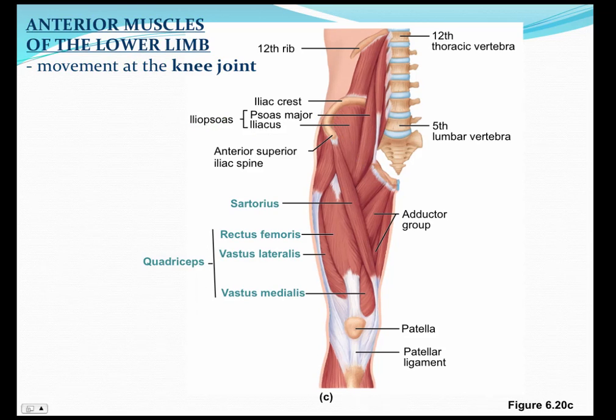Looking at the lower limb, sartorius. This muscle over here. This is going to flex your thigh. And then we have the rectus femoris, vastus lateralis, and vastus medialis. So medialis is towards the middle, lateralis towards the side. And these collectively form the quadriceps, and this is for your knee extension.